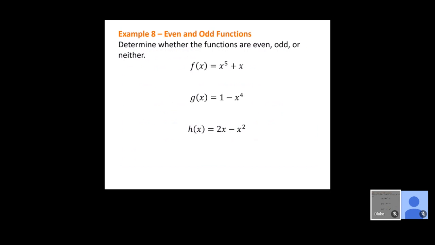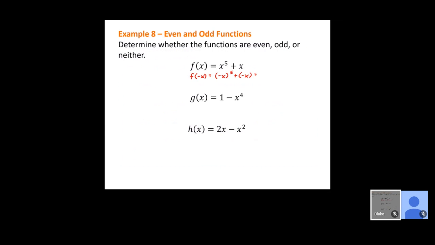So again, the way we're going to test that is we're just going to plug in a negative x everywhere we see an x. So for this first one here, we've got f of negative x. It's going to give us negative x to the fifth plus negative x. So now we just need to simplify that to see if we get the same function, the opposite of the function we started with, or neither one of those.